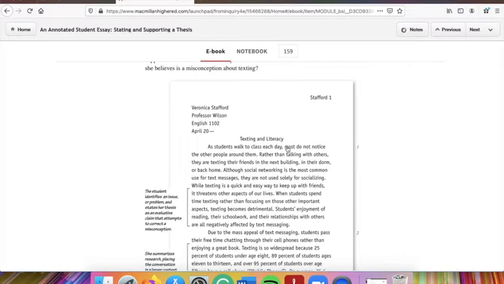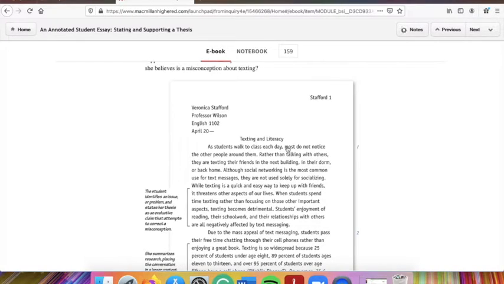As you can see there, the student identifies an issue or problem, and then states her thesis as an evaluative claim that attempts to correct a misconception. She is identifying the problem of texting becoming a consuming factor in our lives, and then she makes the evaluative statement that when students spend time texting rather than focusing on those other important aspects, texting becomes detrimental.